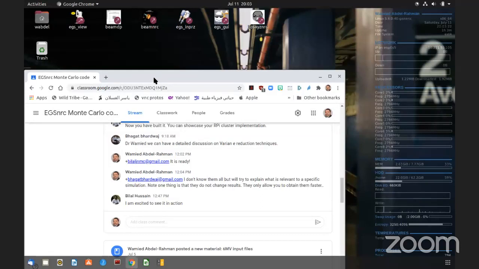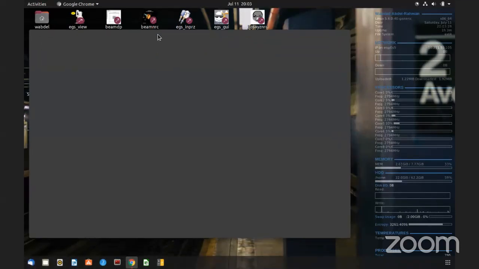Okay, so I gave you an assignment about the dose to water, the equivalent depth of solid water to water. Usually we say the density is 1.036, so we say 10 centimeters of water is equivalent to 9.6 centimeters.